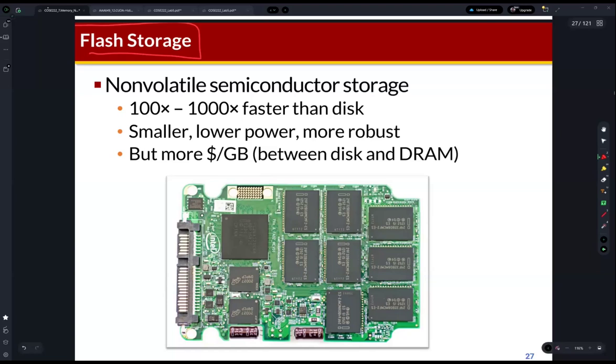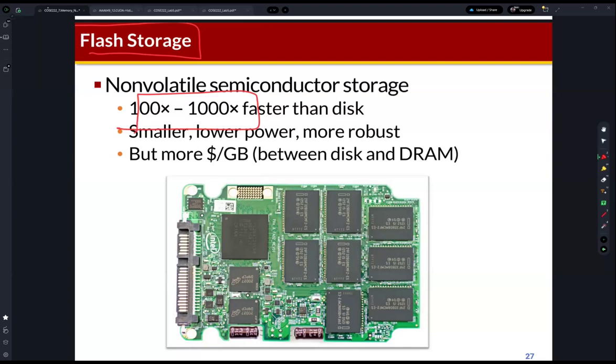Flash memory is the storage medium. And if we use the SSD, then the performance of the computer system is also improved, because the flash memory is much faster than the magnetic disk. You can find that it's 100 to 1,000 times faster than disk.